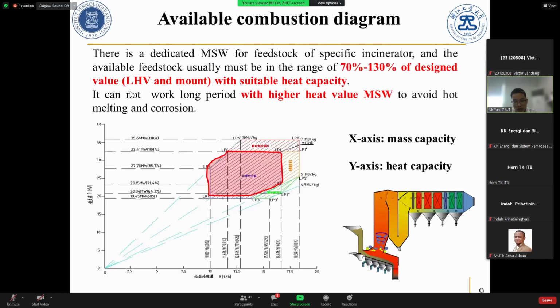Actually, here the red one is the normal operation area, and this yellow one is where you can overload for a long time, but this area you can only do temporarily, for a short time. You cannot do it for weeks or months. Maybe just some days is okay.